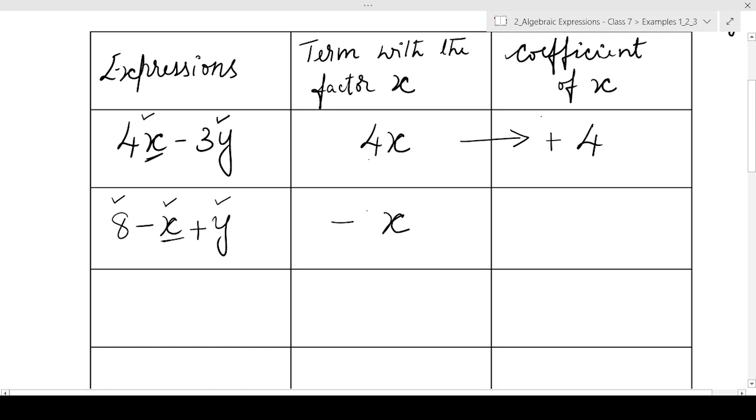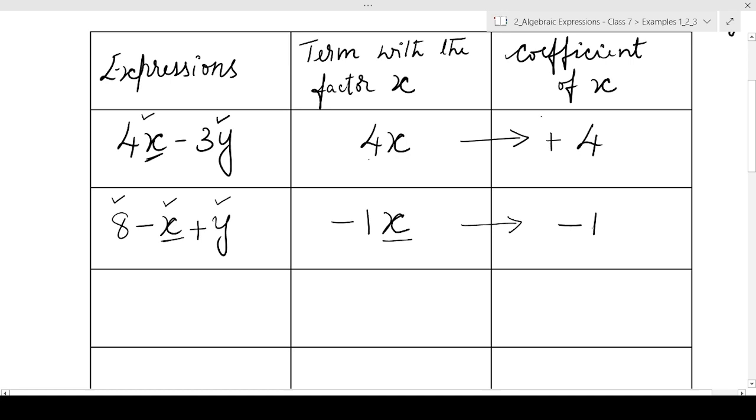When there is no number, how many x's does it represent? It represents 1x. Now tell me, what is the coefficient of x over here? What is the letter or number that is accompanying x, which is also a factor? You have minus 1. So the coefficient of x is minus 1.